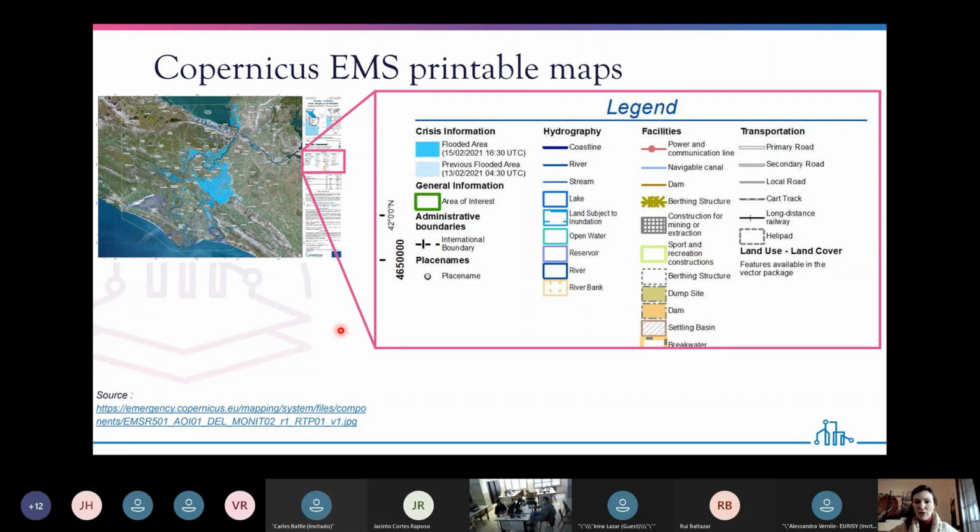So it's very important to check how the data are represented on the map, and you can see here, for example, that we have two shades of blue representing the two different times of flood. So we have a flood situation of the 13th of February and another situation for the 15th of February, and also all the other symbols that are used to represent the other elements in the map.